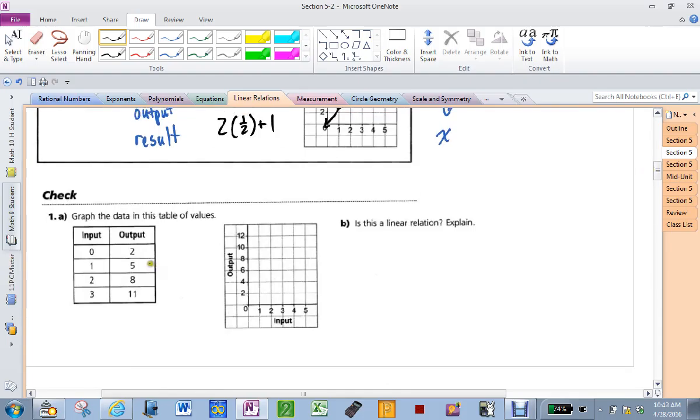You guys do this. Which is x, which is y? Well, this is a chart. This is a graph. I'll get to that in a second. Just do the graph.